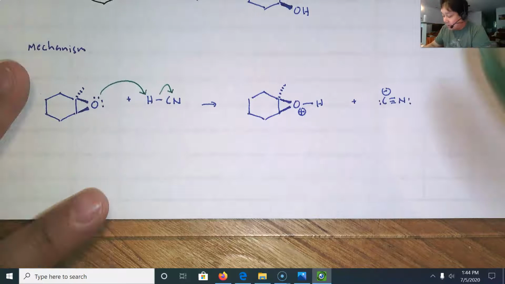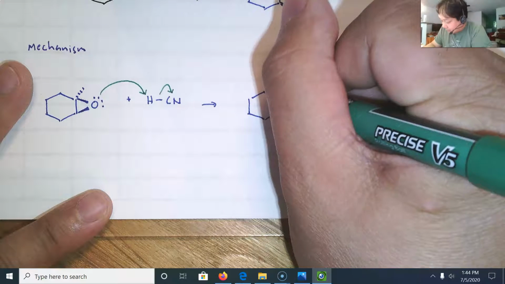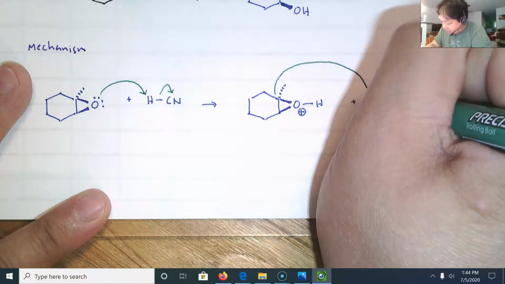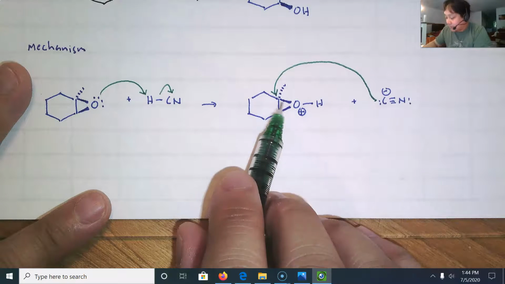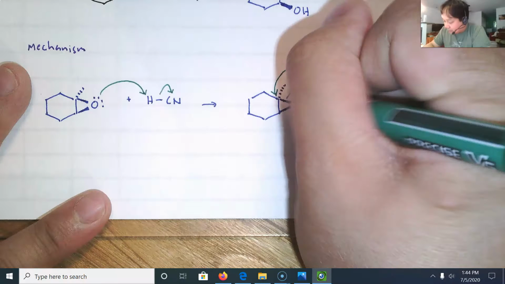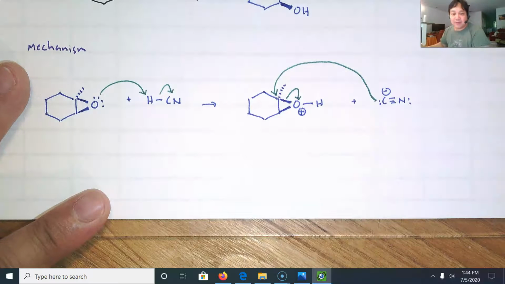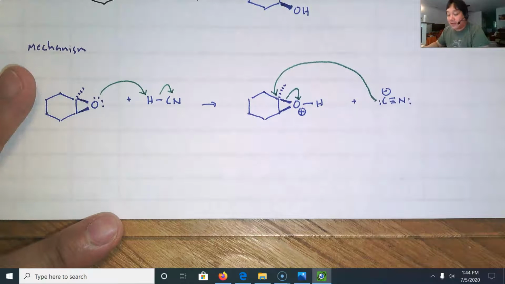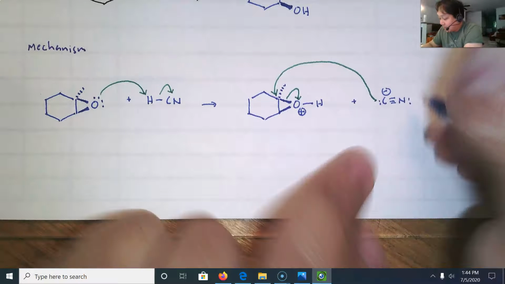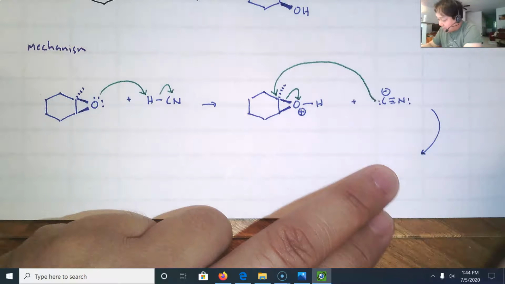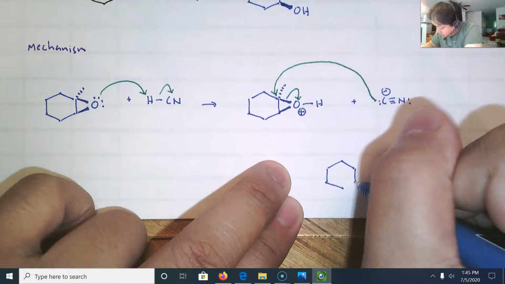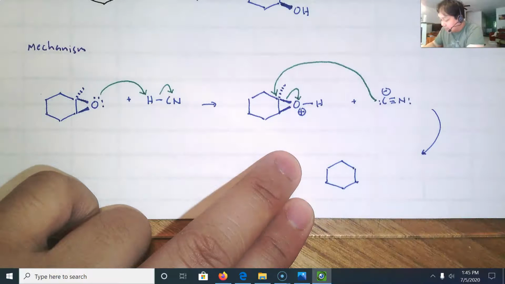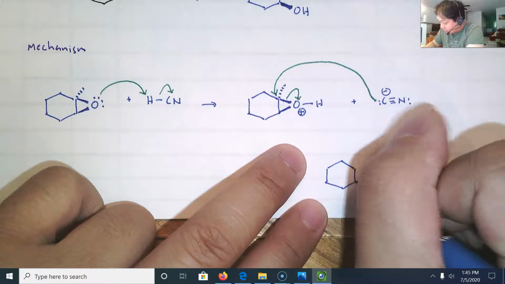We're going to attack the more substituted carbon. So I'm going to swing all the way around and hit the carbon right from right there, because I want space to be able to draw this mechanism arrow right there. We got the CN on the other carbon. And I think that might be it, because the oxygen is already protonated. Let me take care of the oxygen first.